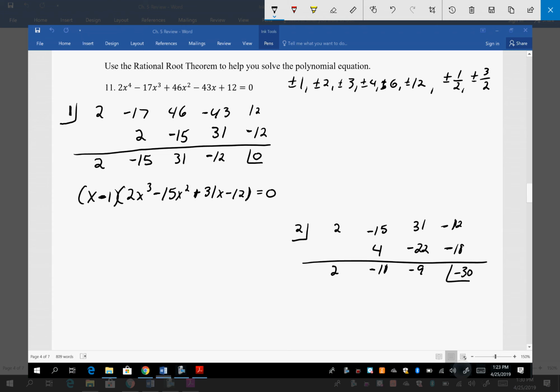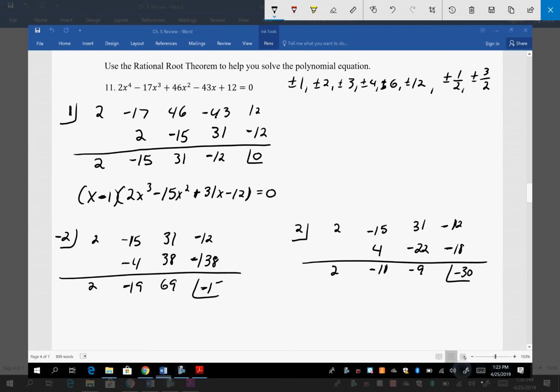All right, so we're going to try negative 2. Is that negative 19? Was that 38? Oh, no. That's not even close. What is that? Negative 150? Okay. Running low on patience here, problem that I made.